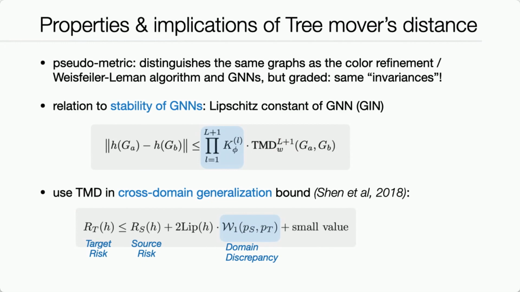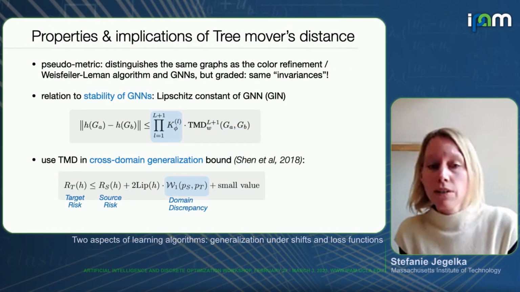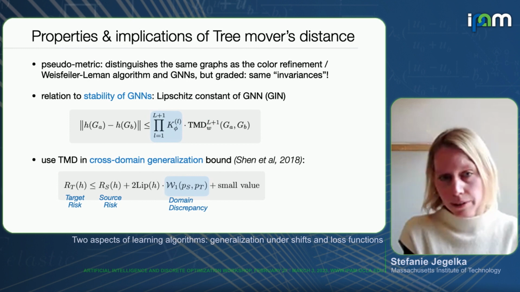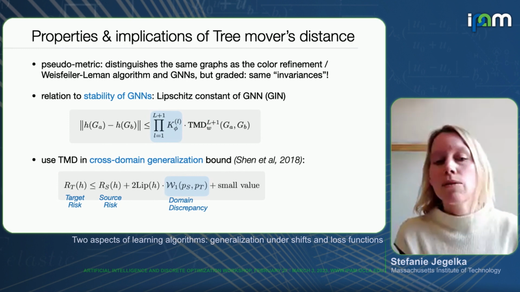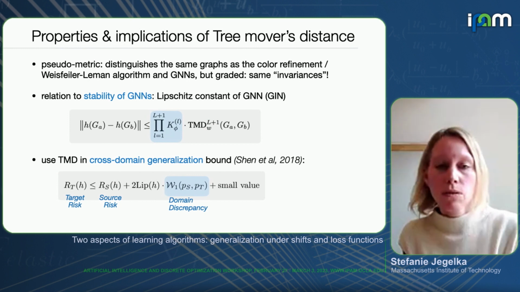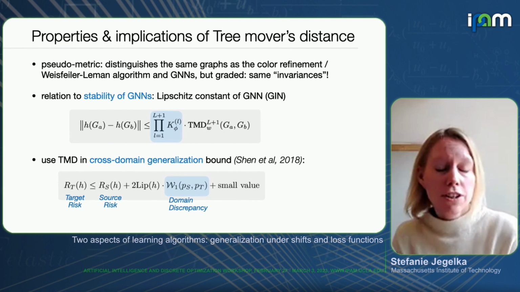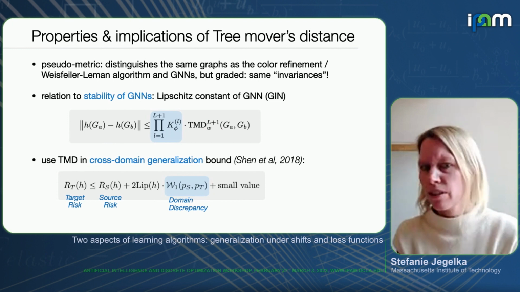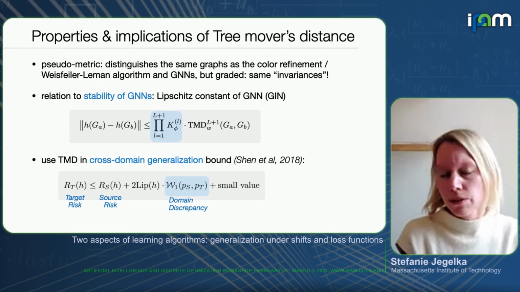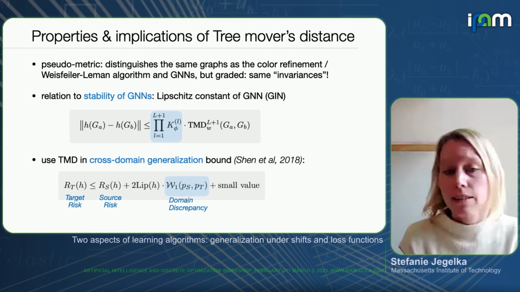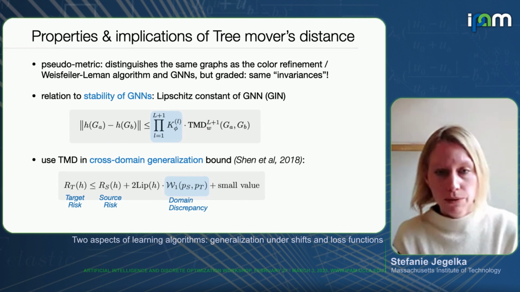Typically, I don't have labels on the target. And so now I want to relate the risk or the loss on the source to the loss on the target. The way you can do this is by looking at a divergence between the source and target distributions and the Lipschitz constant of your model. So that's the Lip of H. H is the learned function.